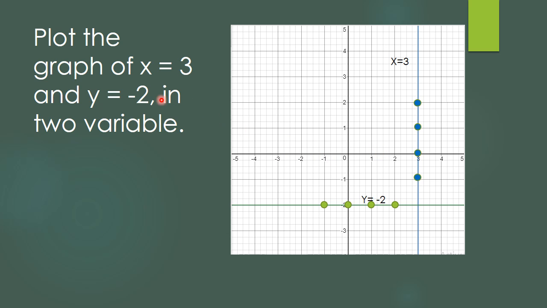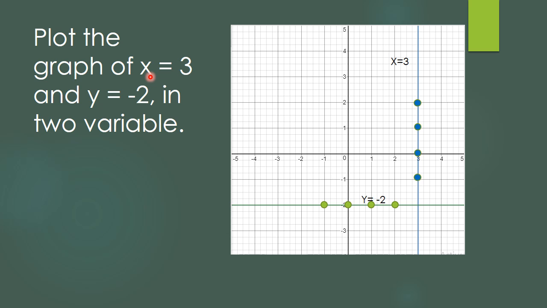So that is the plot of the line. Whenever the equation is given with one variable only, we can convert that into two variables and plot the graph. We get a straight line again, and it will be either parallel to the x axis or parallel to the y axis. That depends upon which variable is missing.